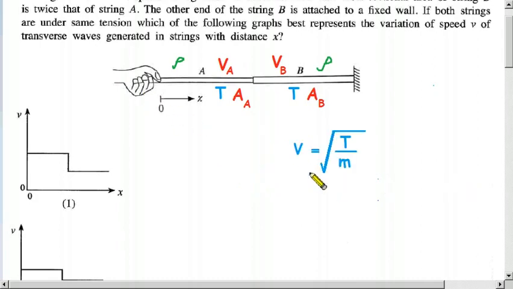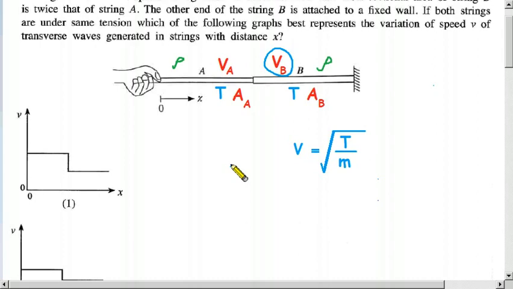So children, now what we have to find out is the velocity in medium B. This one is a string, so we have to recall the formula which gives the velocity along a string. First of all, recall this equation and get it into your mind.